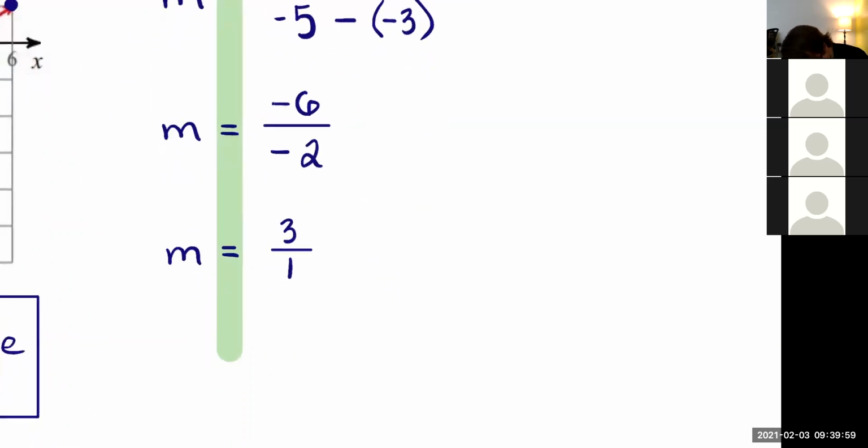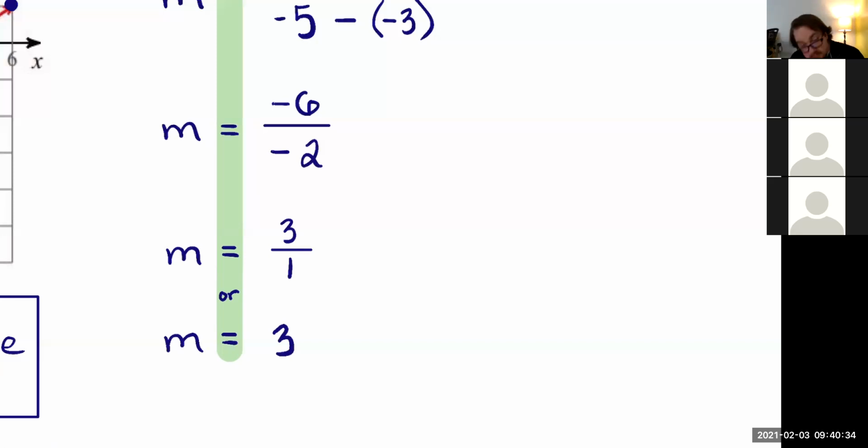Or you could write it as m equals just 3, like you said, Jordan. Both are correct. What we'll see towards the end of our notes today is that if I were to try to graph from this information, I really prefer my slope to be like a fraction. So anytime that it's not, we'll do a little trick where we write a 1 underneath, because that's going to give us that rise and that run to trek our way across the coordinate plane.